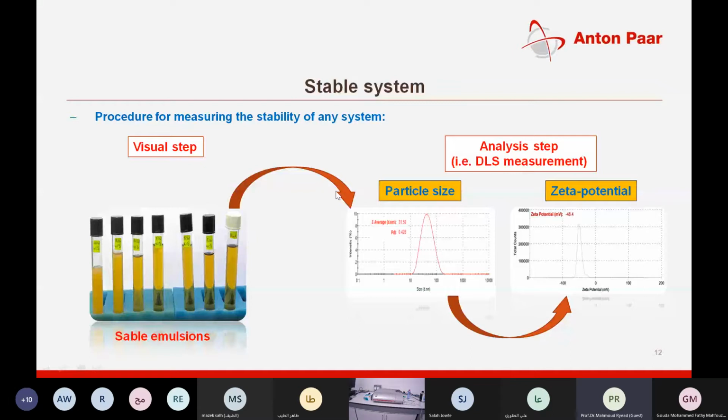Back to zeta potential. What is the zeta potential? Zeta potential is defined by an electrical double layer that exists around each dispersed particle or droplet. The electrical double layer consists of two regions and one plane. The first region is the Stern layer, an inner region where the ions are strongly bonded to the particle.